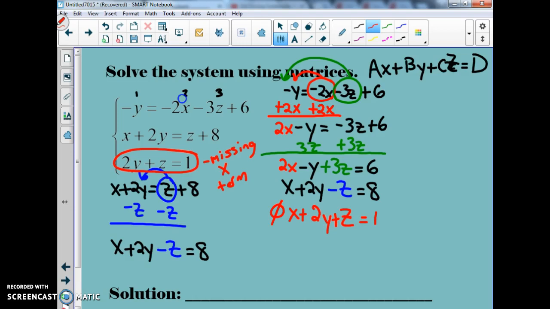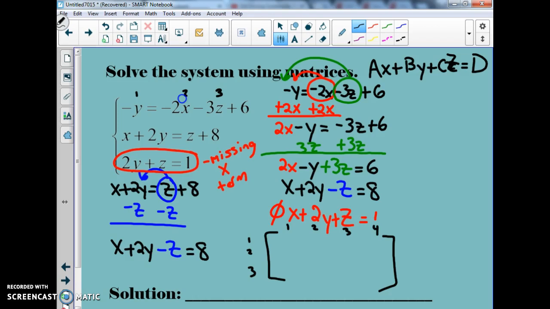So when I go ahead to create my matrix, I'm going to have 3 rows and 4 columns. So 3 rows and 4 columns.